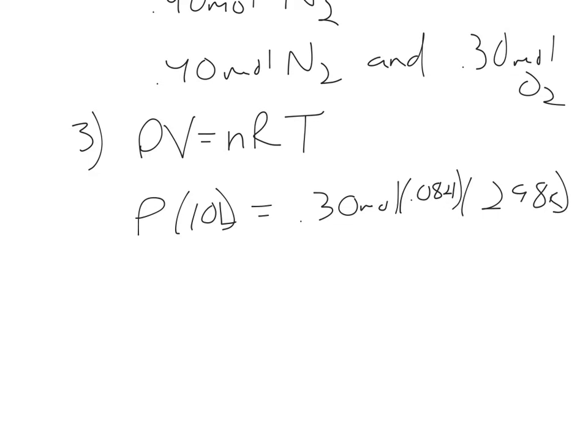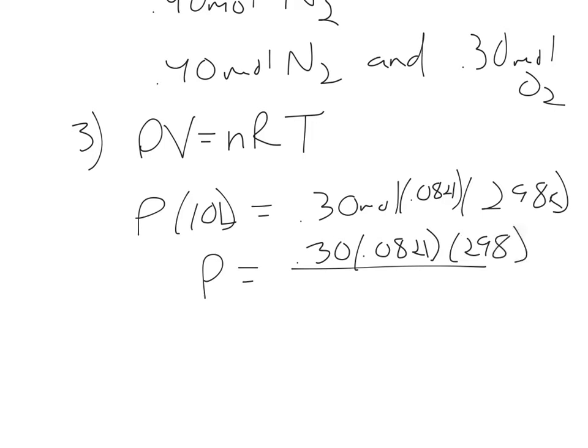Pressure in tank A is going to be equal to 0.30 times 0.0821 times 298, and we're going to divide that by 10. I'll do that on my calculator here.